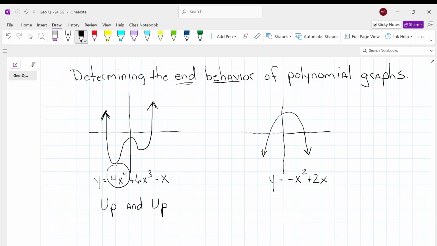And if we were determining the end behavior of this graph, we start on the left. We got it going down and moving from left to right, down. Okay, so the end behavior is down and down.